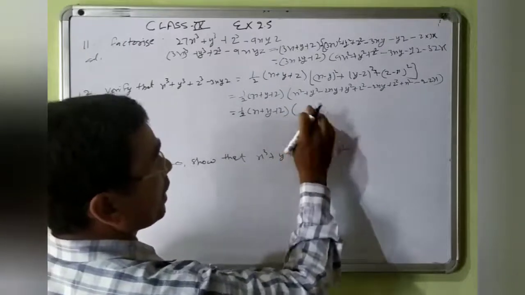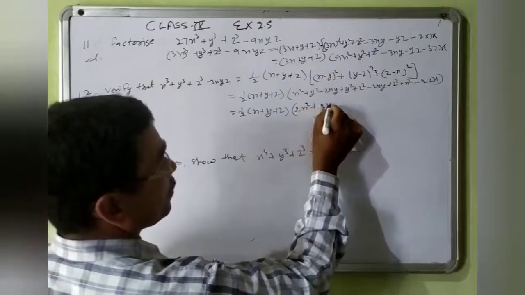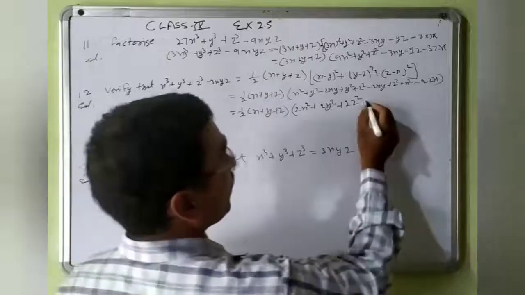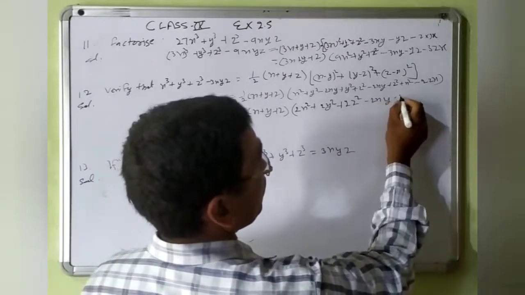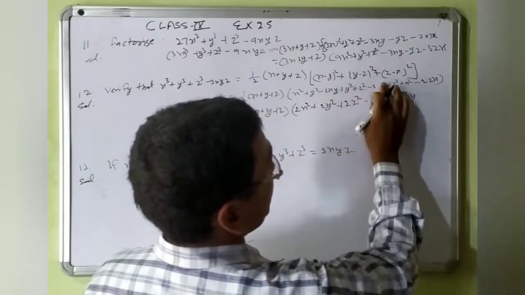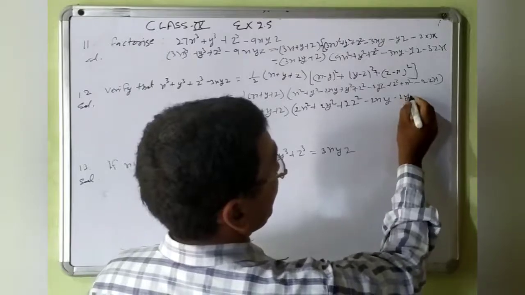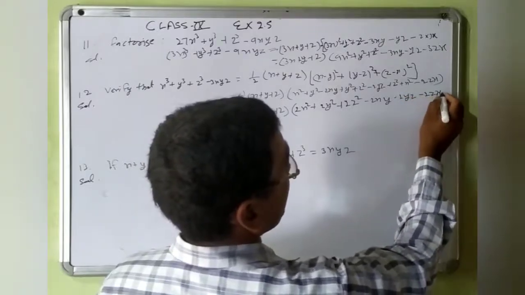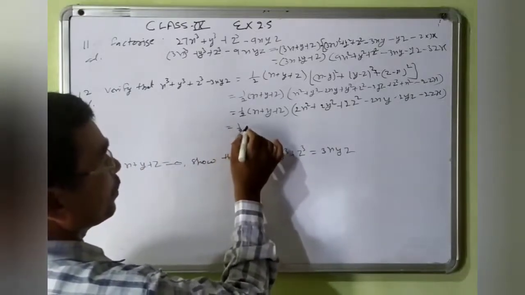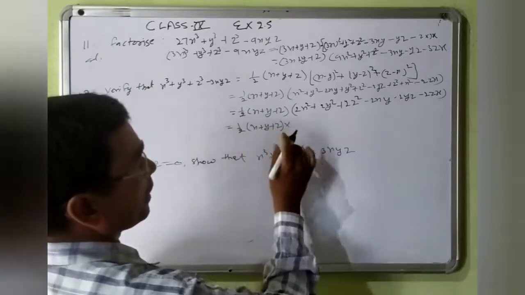Now 1 upon 2 times x plus y plus z. Here you are looking, 2 times x square is given, so 2x square plus 2y square plus 2z square. Now minus 2xy minus 2yz minus 2zx. Write it. Again the same thing, 2 times x plus y plus z multiplied between 2 brackets.